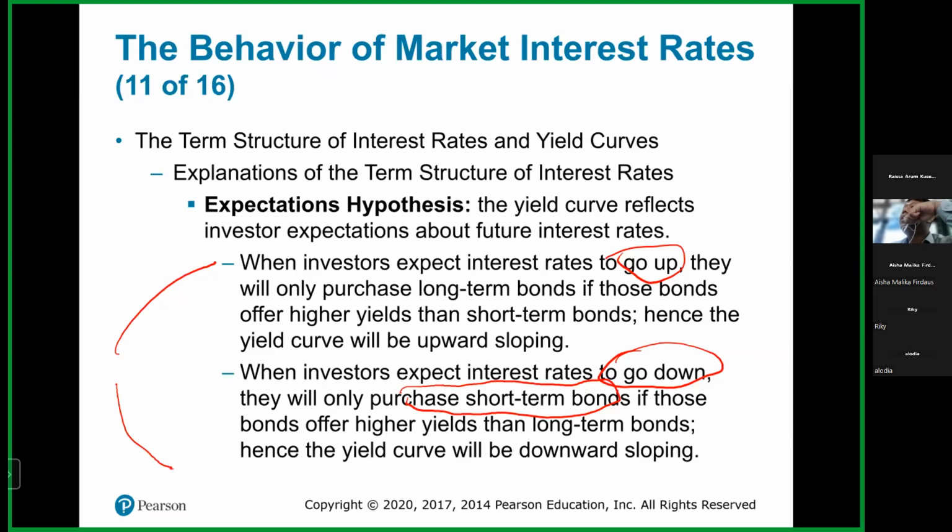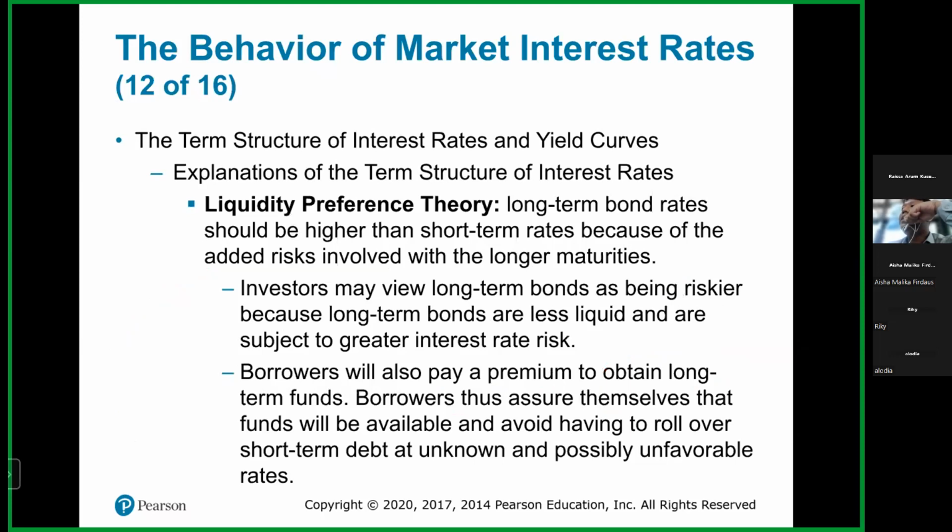The second theory to explain the shape of the yield curve is the liquidity preference theory. According to this theory, long-term bond rates should be higher than short-term rates because of the risks involved with longer maturities. Investors may view long-term bonds as riskier because long-term bonds are less liquid and are subject to greater rate risk.